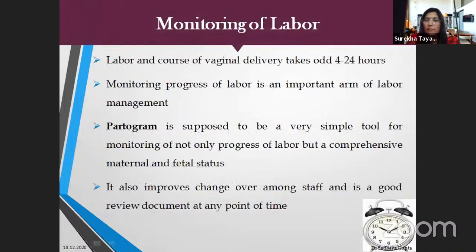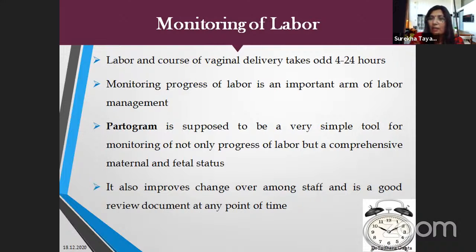Madam, in our setup, we are having the e-partograph, which was taken up as a very novel intervention 5 years back. The inputs were taken from one international organization called Jeevdaya Foundation. In fact, MGIMS Sevagram is the pioneer for e-partograph.